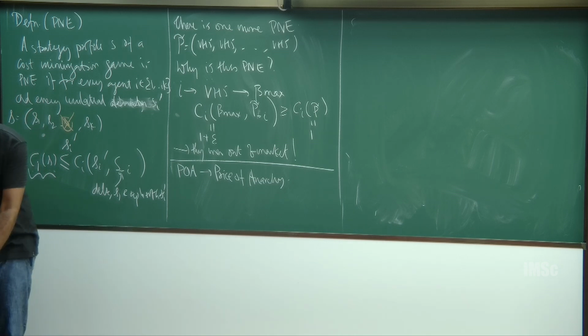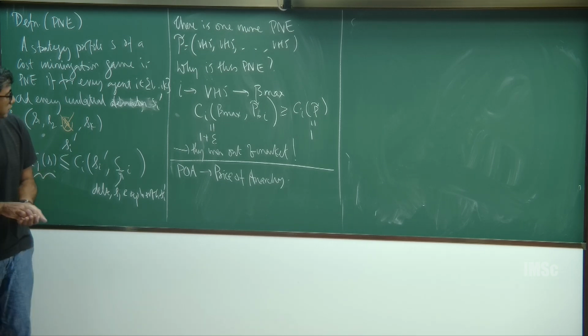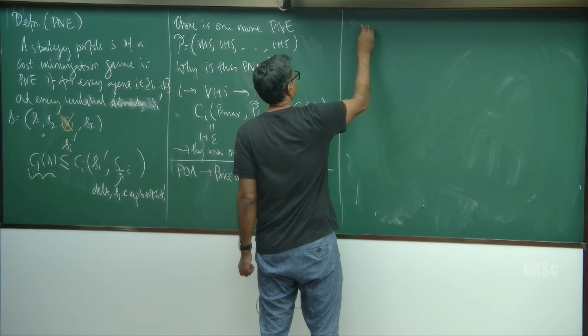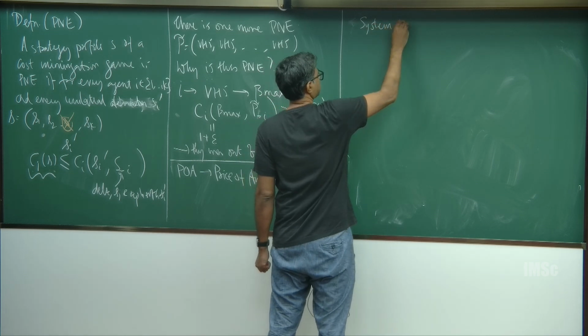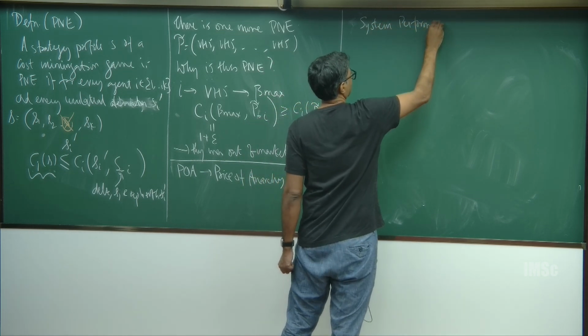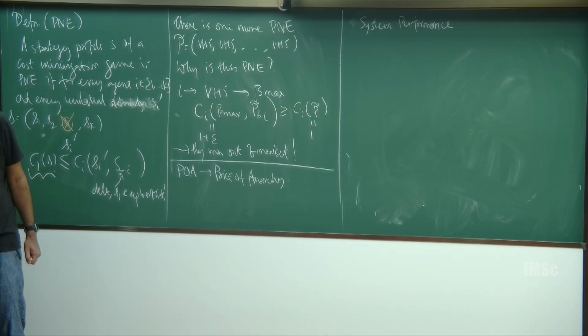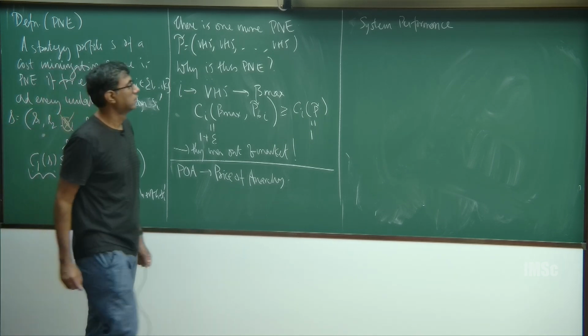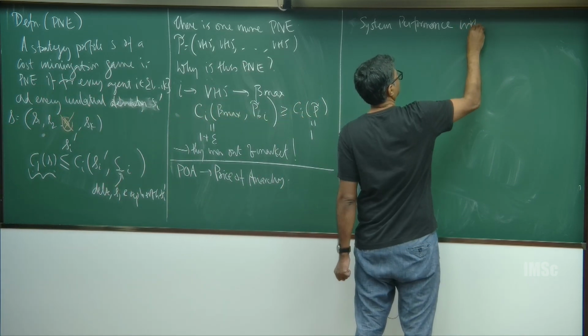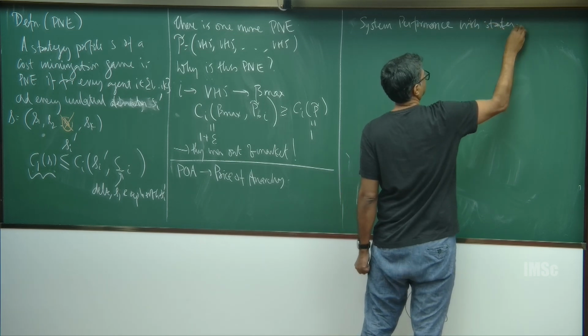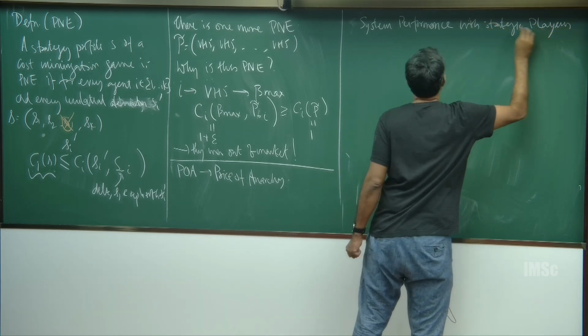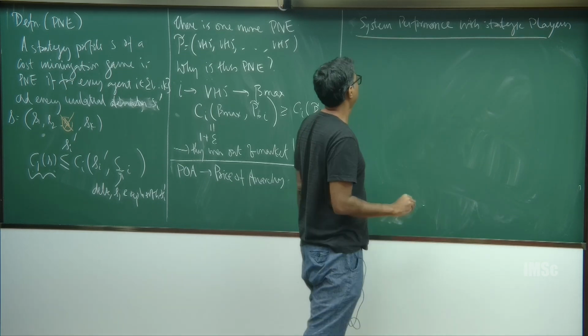If I understand correctly, the price of anarchy is defined as follows: system performance with strategic players divided by the system's best response, the best possible system performance.